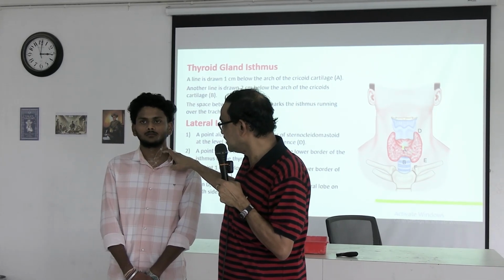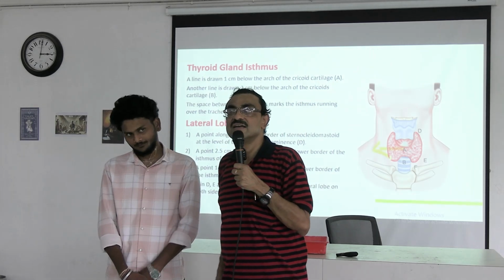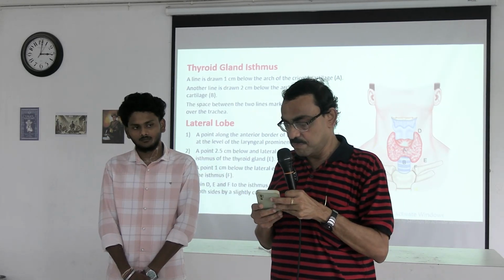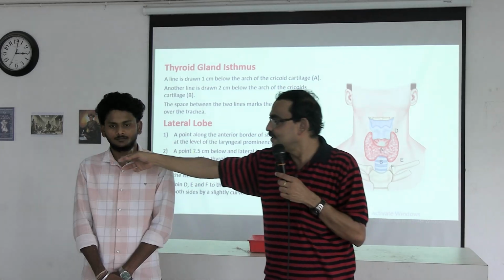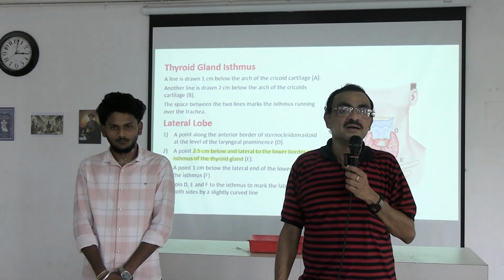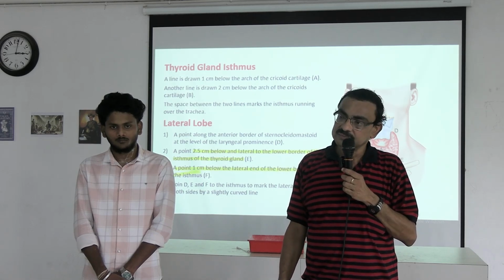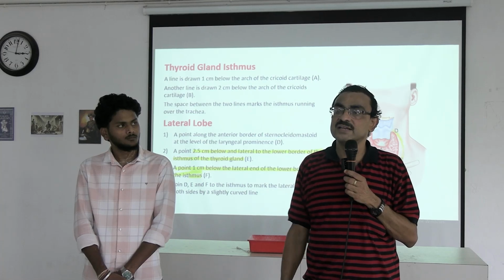So if we join this, we can get a lobe, that is the right or left lobe of the thyroid gland. So I am drawing. Similarly on the left side we can draw the lobe of the thyroid gland. So this is a very important point, that is the upper border of the thyroid cartilage.